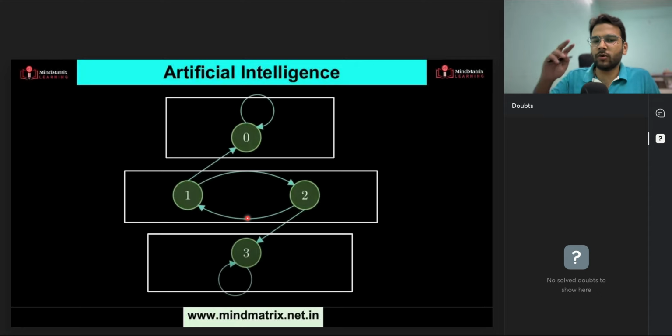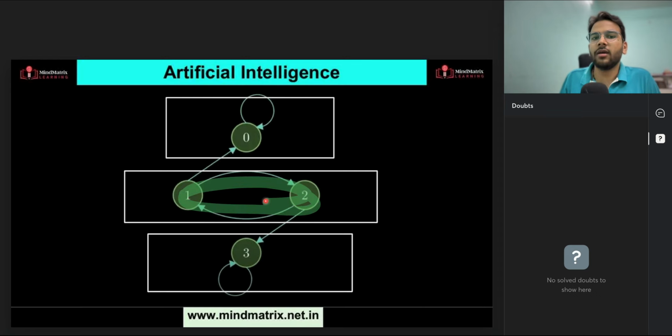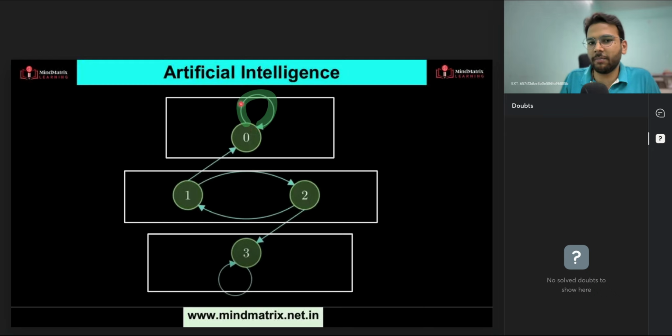Whichever states communicate with each other, we call them communicating states, and we keep them in a single class. Like in this example, 1 can communicate with 2, and 2 can communicate with 1, so we keep them in a single class. And 0 can communicate with itself only. It cannot communicate with any other state, so we keep it in a separate class. The same case goes for state 3 as well.